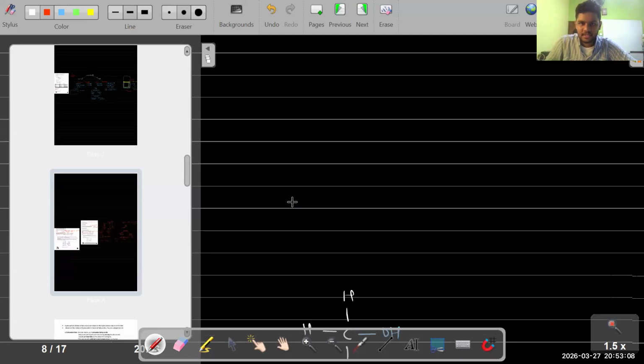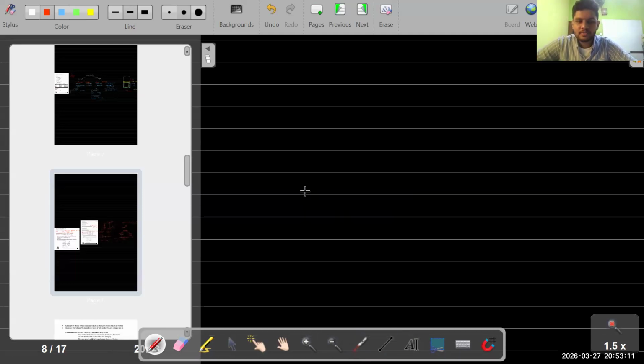Now see, have you come across the word ethanol in your levels? Ethanol means it's normal alcohol. So ethanol has a chemical formula of CH3CH2OH. As it has an OH group, this is said to be an alcohol.